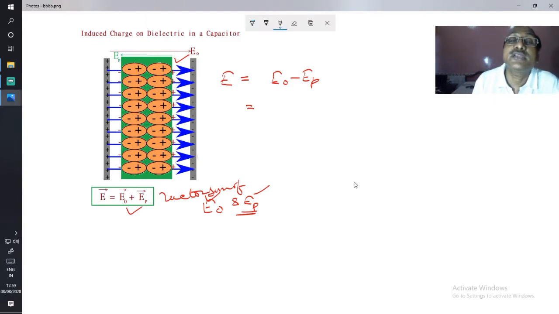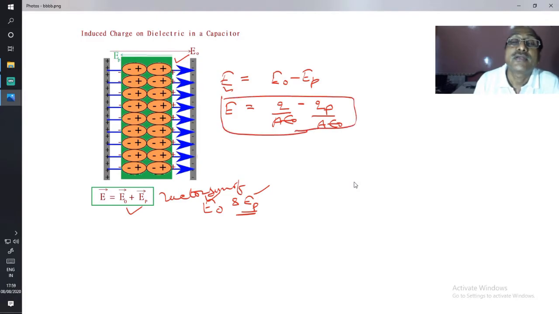Now E naught is Q upon A epsilon naught minus QP upon A epsilon naught, where QP is the charge due to polarization and E is the net electric field. This is equation 3. Let us try to find out the net electric field E. When this dielectric substance is absent, the electric field is E naught.